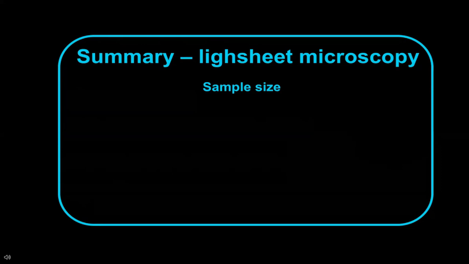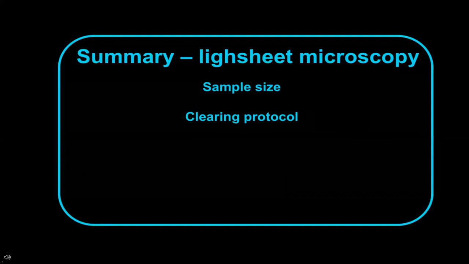Several microscopes can only image 1 cubic centimeter. Then, in terms of the clearing protocol, if your sample is 1 organ, you can get away with a simpler protocol, but you can even clear whole bodies of mice using other clearance protocols.